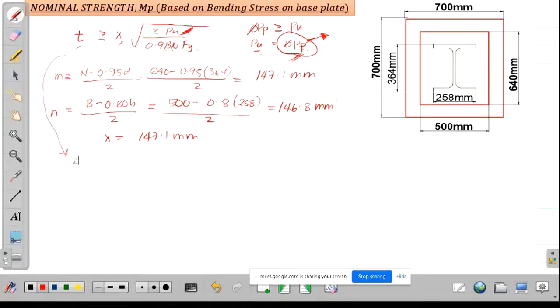So, substituting all the values, we solve. That is 640 by 500 times 2. And mm.